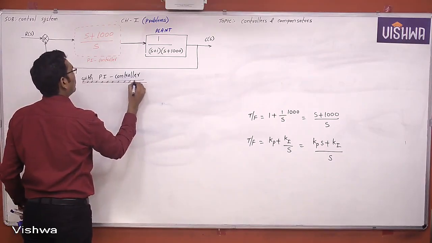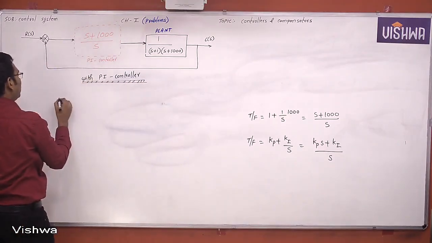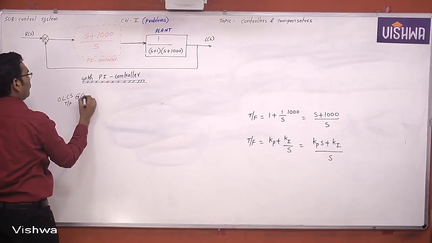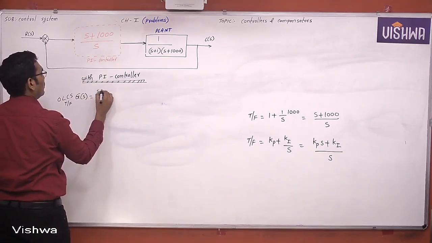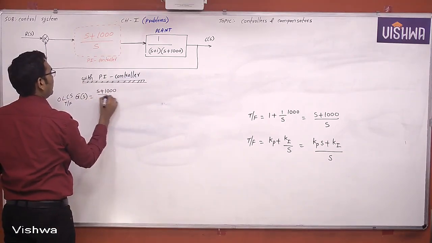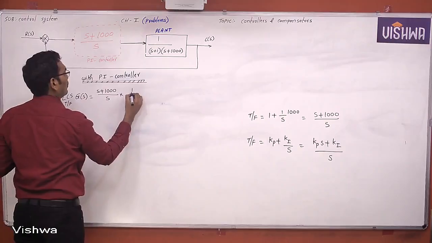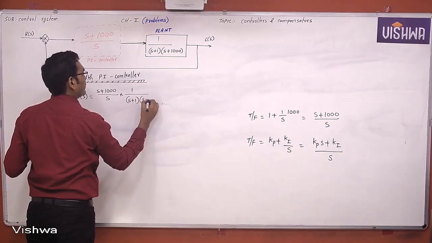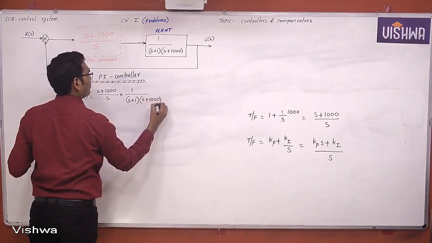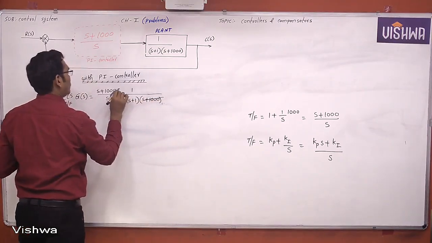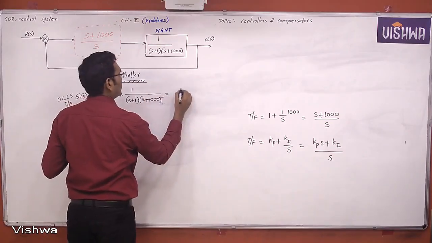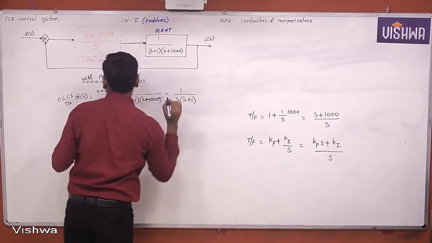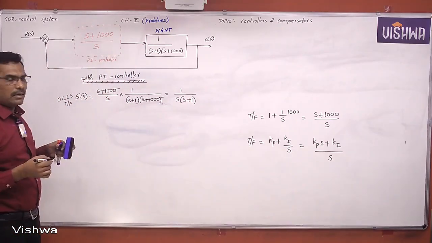With the PI controller, the open loop forward path gain, the open loop control system transfer function G of S is equal to S plus 1000 by S into 1 by S plus 1 into S plus 1000. Now S plus 1000 cancels, which is equal to 1 by S into S plus 1. This is the open loop control system transfer function.